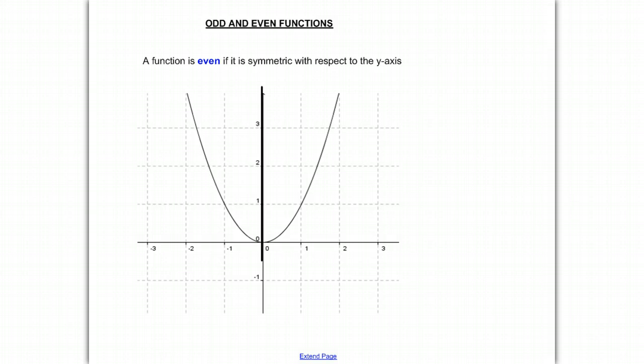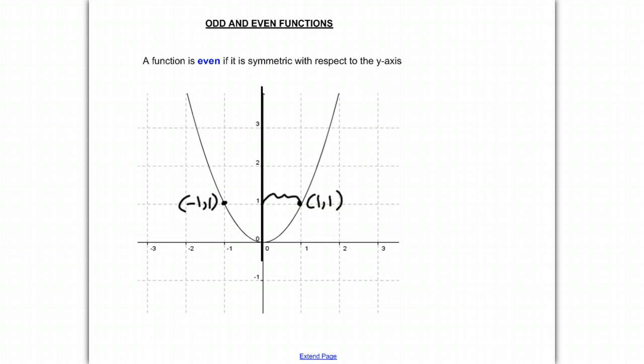So for example, this point here is 1, 1. If we were to look in our mirror, we would see that this corresponding point would lie right on the graph at -1, 1. Notice that the point on the right side, 1, 1, is 1 unit away from the y-axis and 1 unit up.